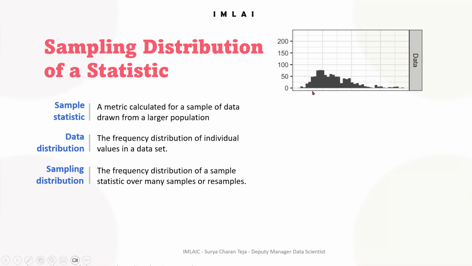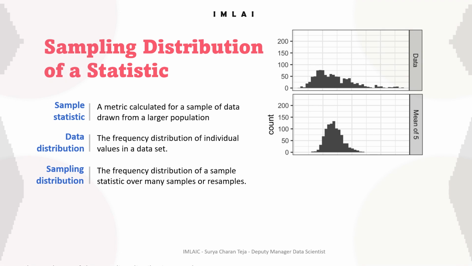Maybe mean, so the mean of each sample that is drawn from the population. The mean of the samples drawn from the population has been plotted this way. So this is the frequency distribution of a sample statistic over many samples or resamples.